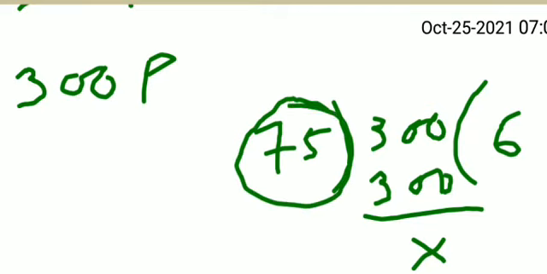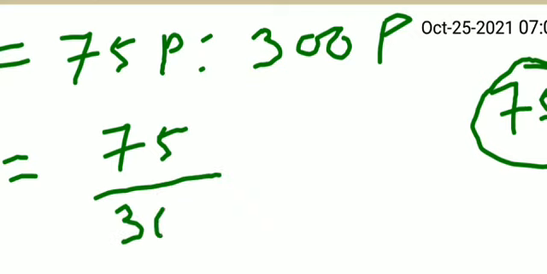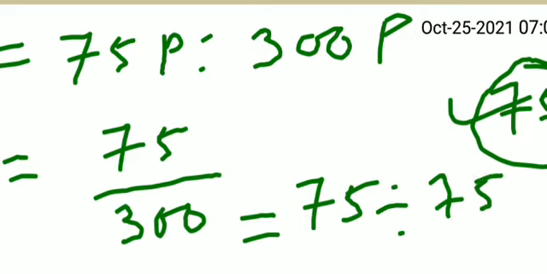So 75 paise is to 300 can be written as 75 by 300, which equals 75 divided by the HCF 75, and 300 divided by 75.